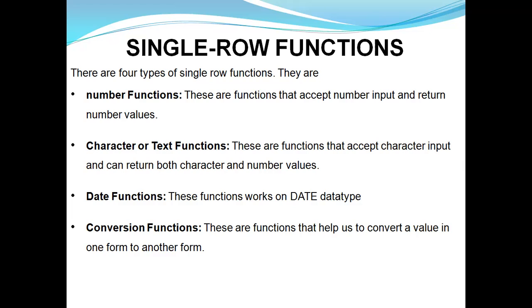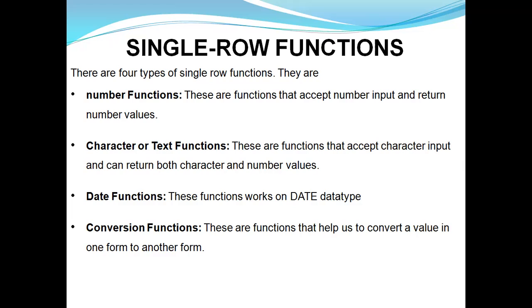Second is called a character or text function. In the same way that a number function takes a number and returns a number, a character function takes an input as a character or text, but it can return either a character or a number. Simple.